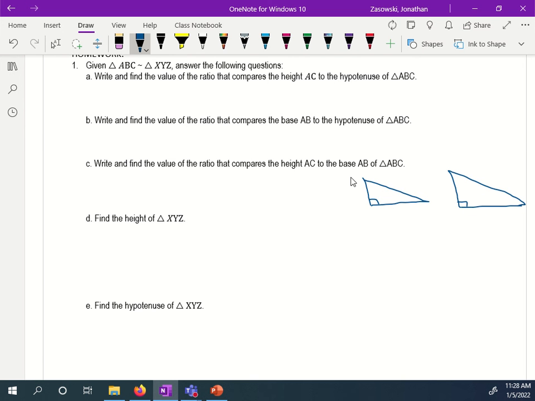This is just going to be A, B, C, and then X, Y, Z. And now let's just do 3, 4, 12, and 15. Okay? You should be able to answer all the other questions you need.